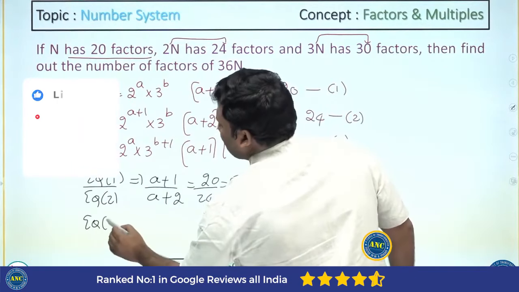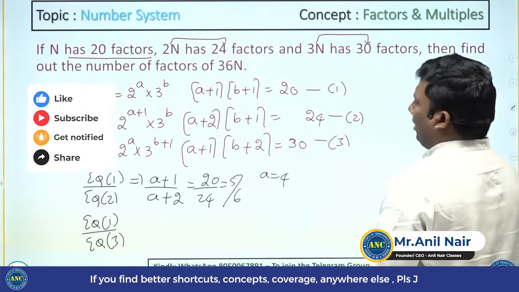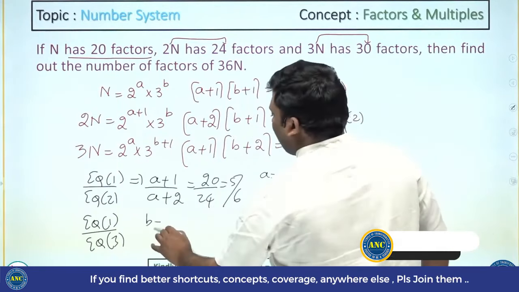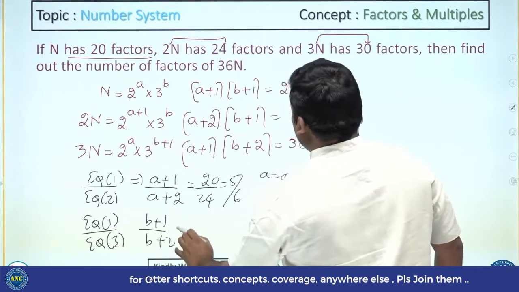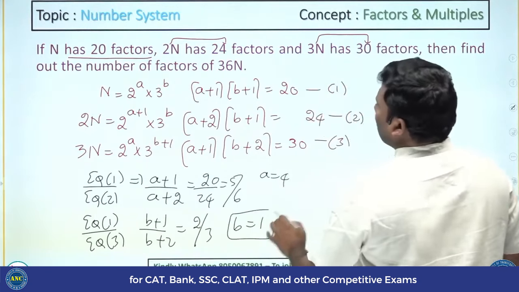Similarly, equation 1 by equation 3, a plus 1 cancels. b plus 1 by b plus 2 is equivalent to 2 by 3. b is equivalent to 1. Finish, answer.